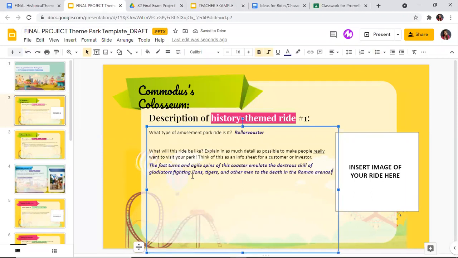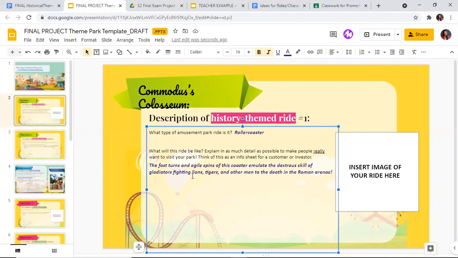Now, notice this is only 1 sentence. I have to now expand on this little blurb that I've written and make sure that I give as much detail as possible to make people really want to visit the park. So I can start with, it's a roller coaster, and the fast turns and agile spins of this coaster emulate the dexterous skill of gladiators fighting lions, tigers, and other men to the death in the Roman arenas.